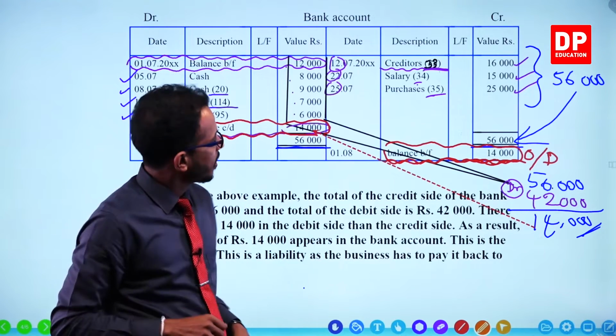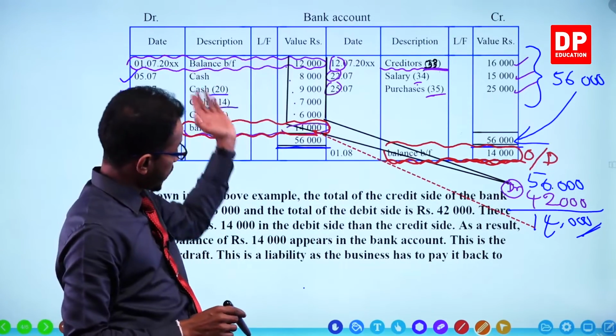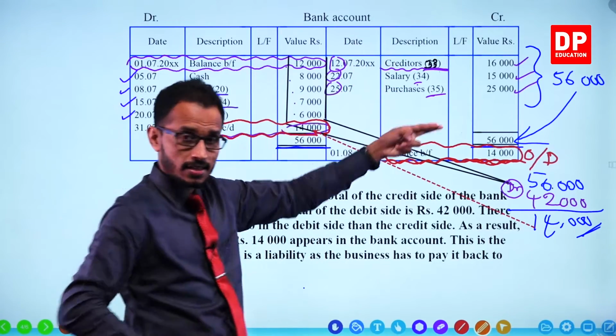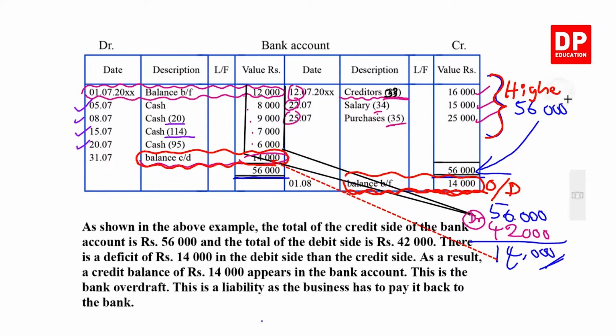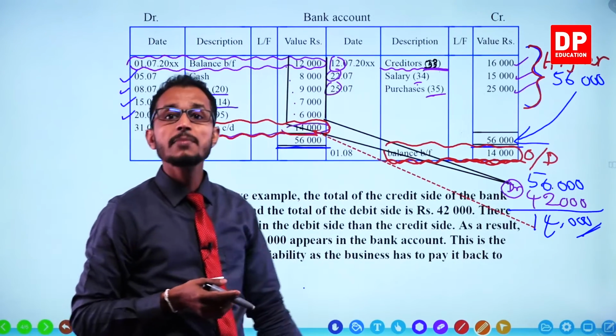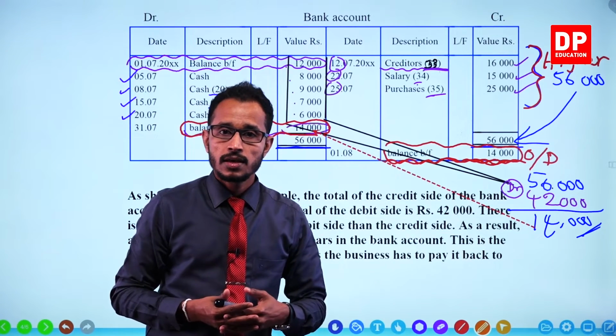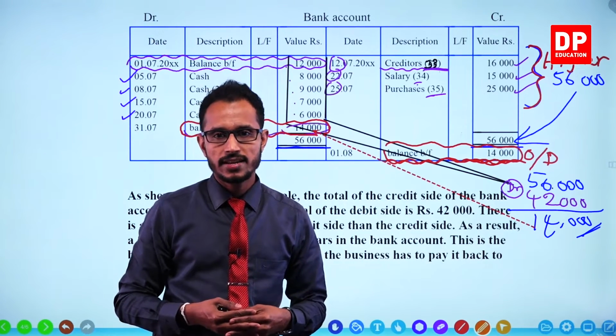Yeah, good. That's that, children. Likewise, when the bank account has a higher sum total in the credit side, that credit side sum total exceeds the debit side total, that is when a negative balance is created.